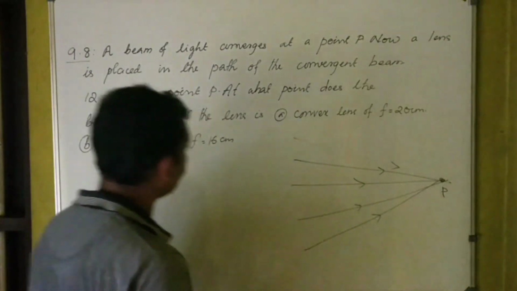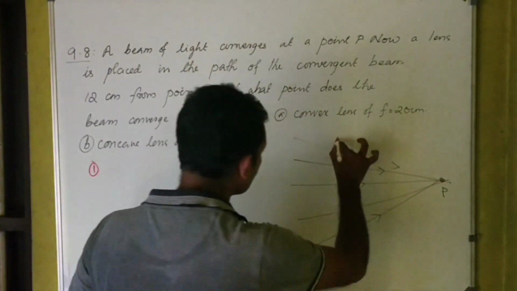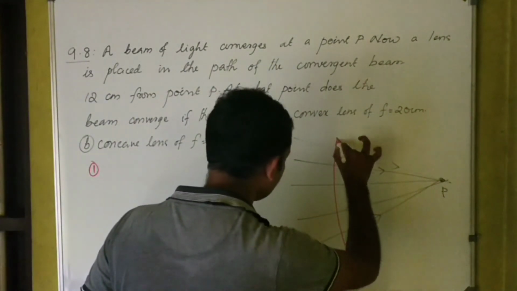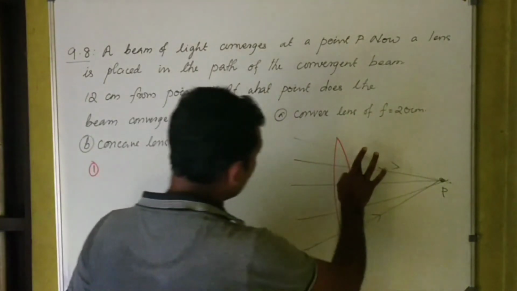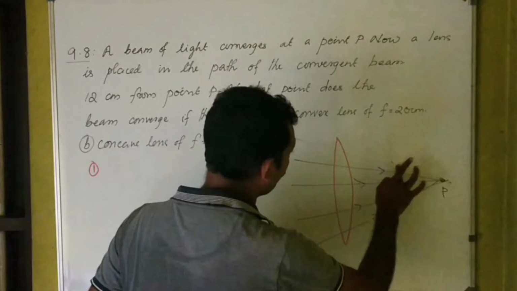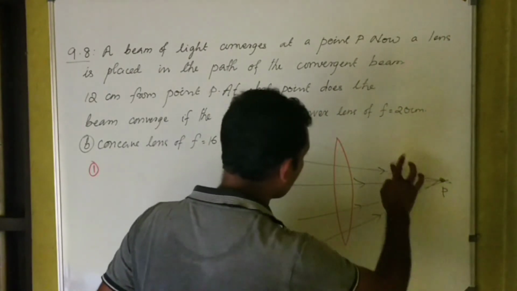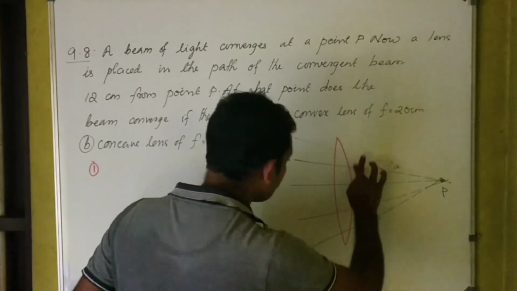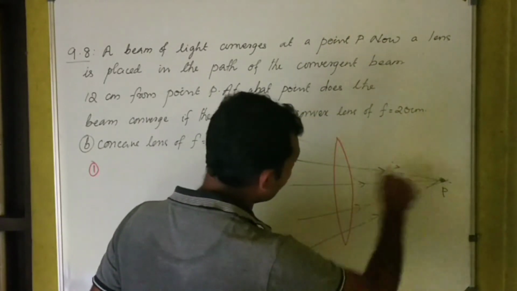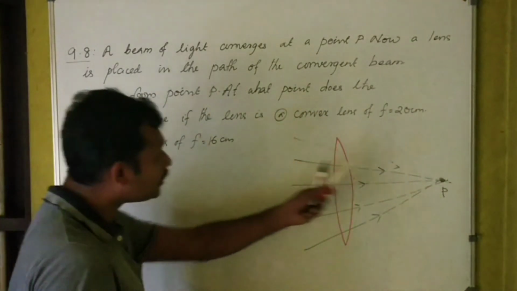So let us solve this. Let us take the first case where we keep a convex lens. Once I place the lens, I will just make the rays dotted, because in that case these rays will behave like virtual rays, which appear to converge now.